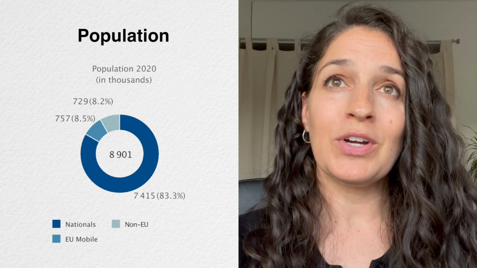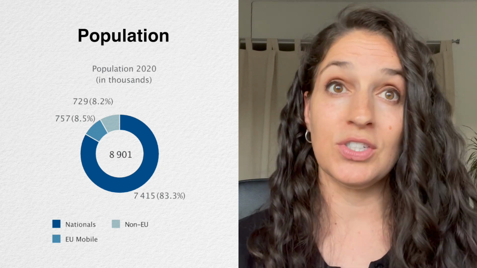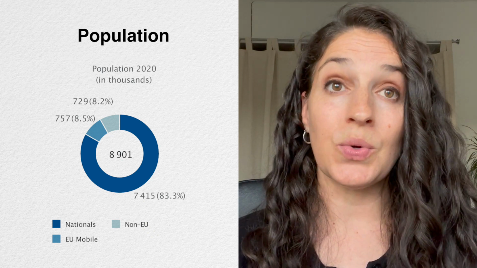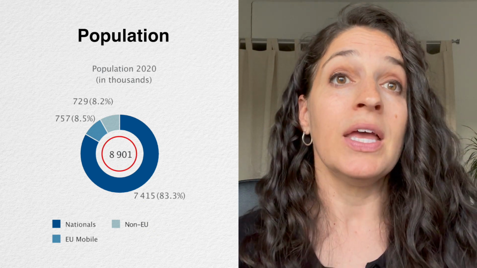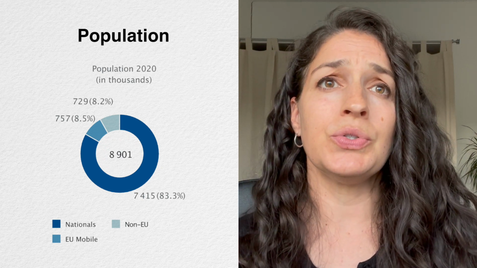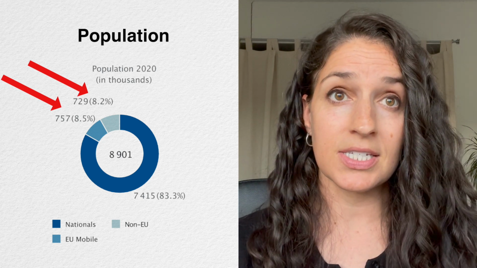So first, if we look at the population in the country, so in Austria today, or at least in 2020, the population was close to 9 million people. And of those 9 million people, close to 17% of them were not Austrian citizens.